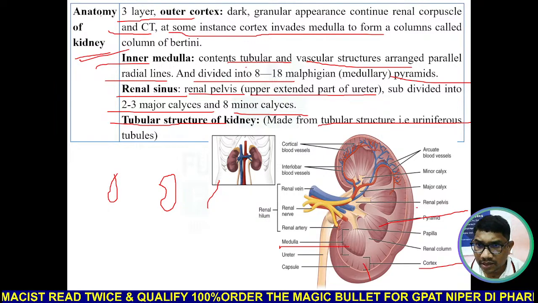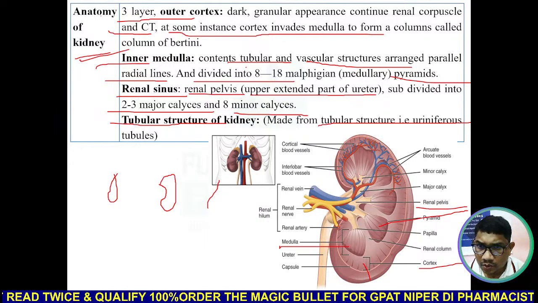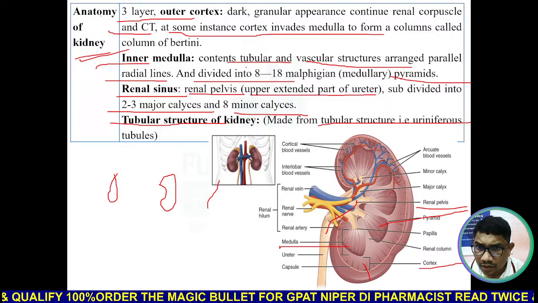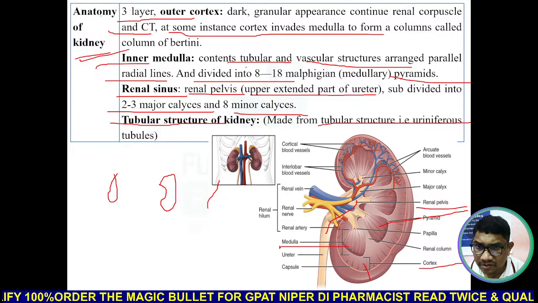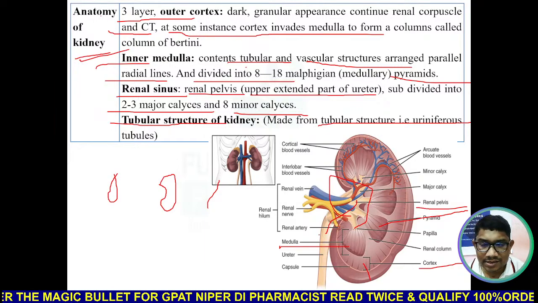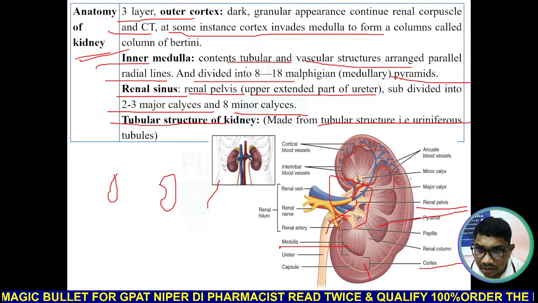This part is the renal pelvis. It is an opening for the ureter. Now calyces, major and minor calyces.